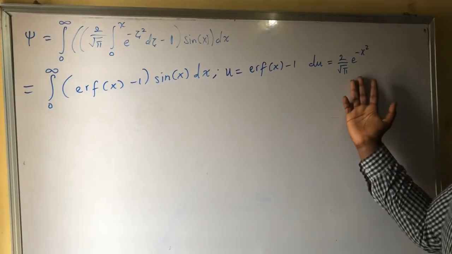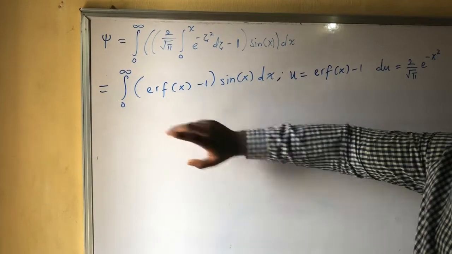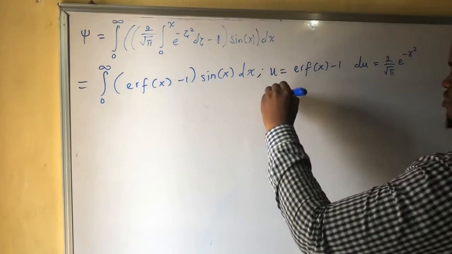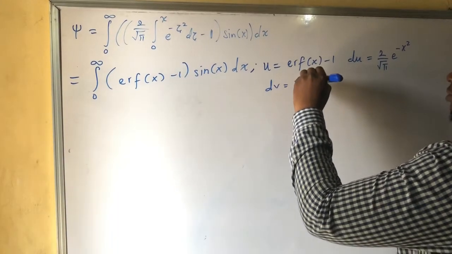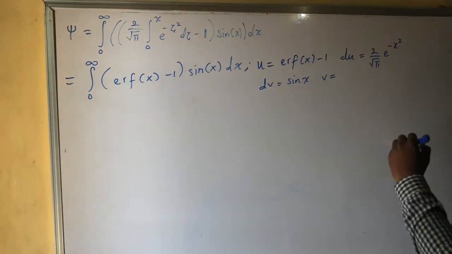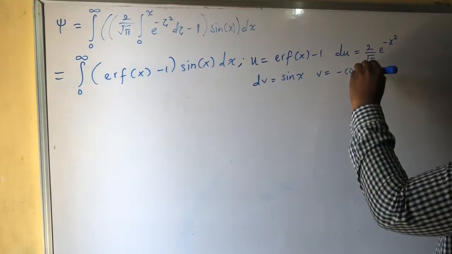And how did I get this? It's from the definition I wrote there before. Now, if dv equals sine x, therefore v equals minus cosine x.